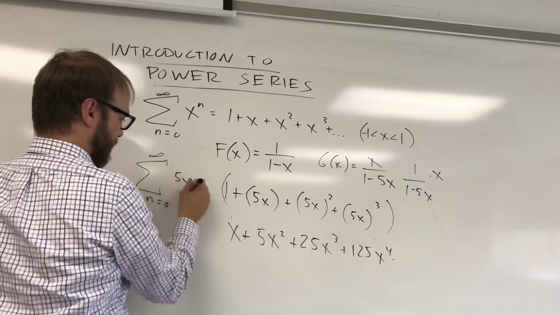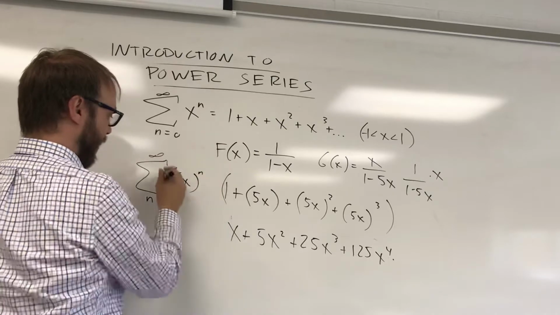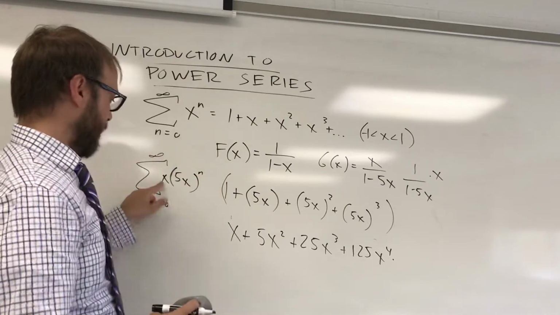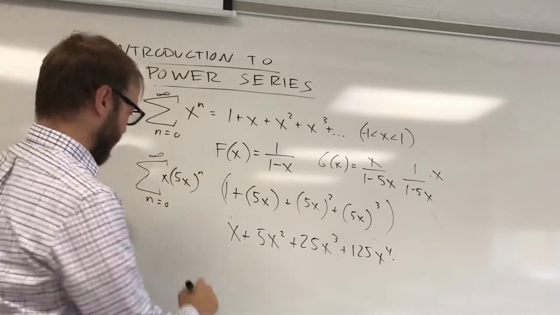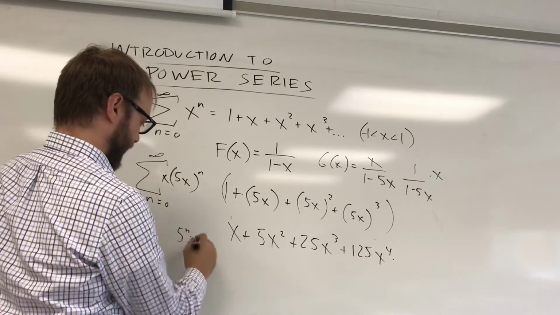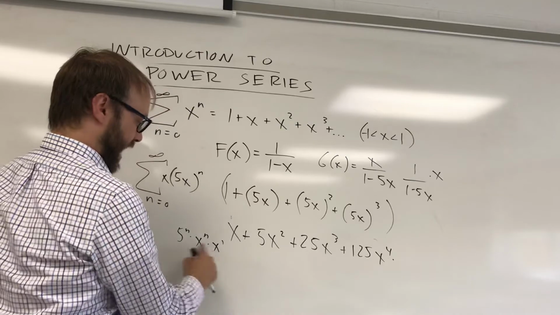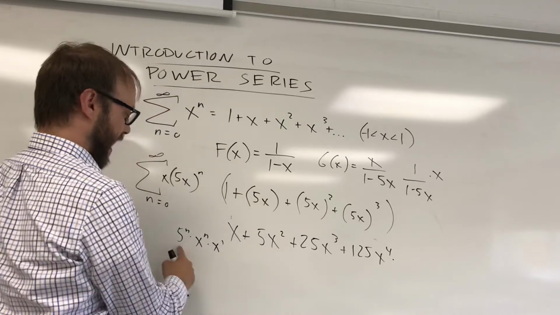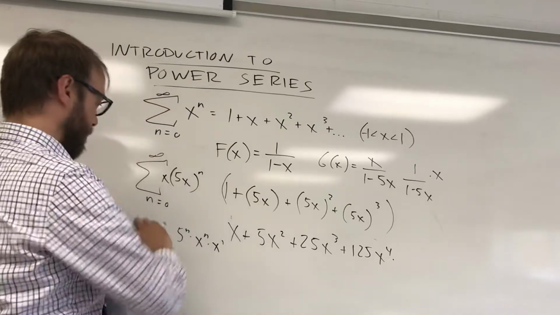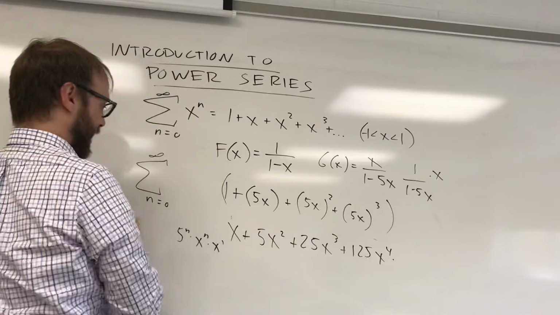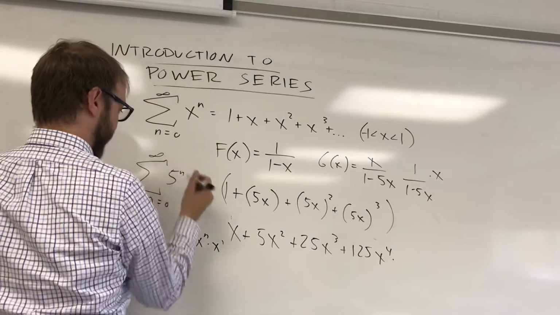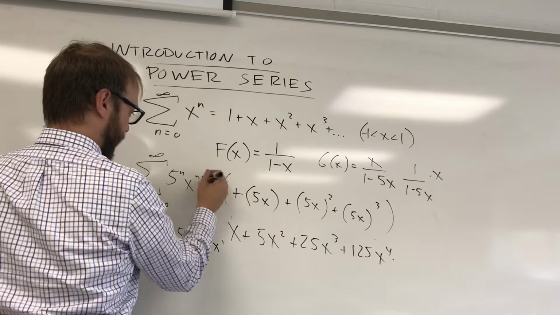You could have said, I'm taking 5x to the n power, but each term is getting multiplied by x on the outside. And when you simplify that, that's 5 to the n times x to the n times an additional x. You can add your two exponents there, and that ends up being 5 to the n times x to the n plus 1, okay?